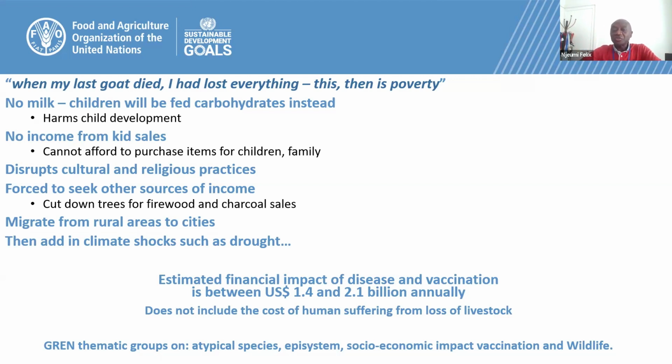fever. As I just mentioned, the socioeconomic impact role is to make sure that we are able to assess what is the socioeconomic impact. Because One Health is also to make sure that we have data to convince policymakers that they should invest in One Health.